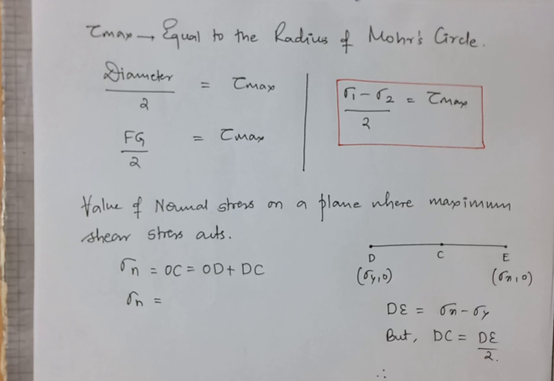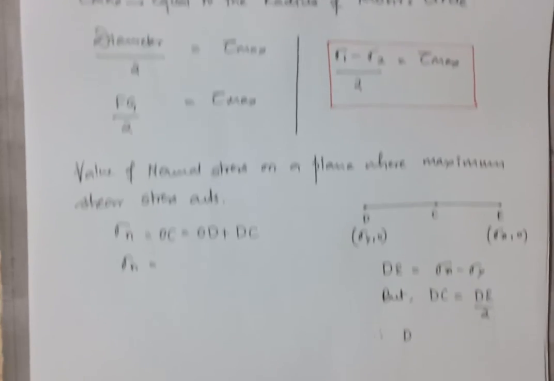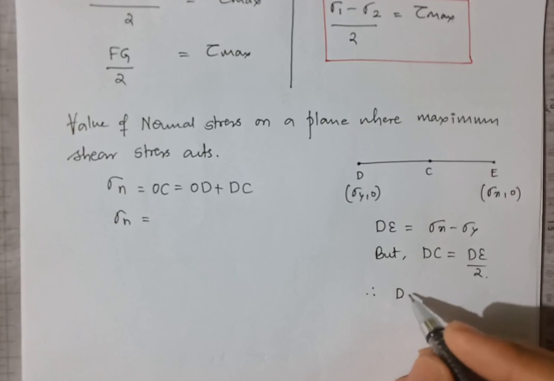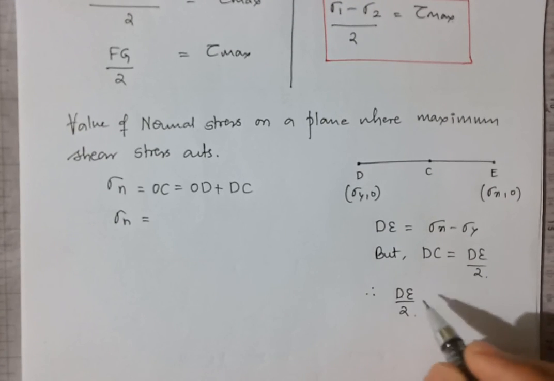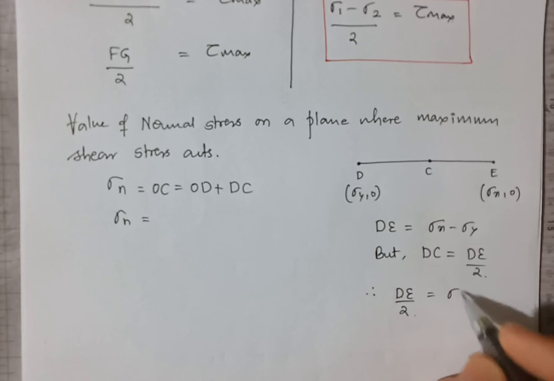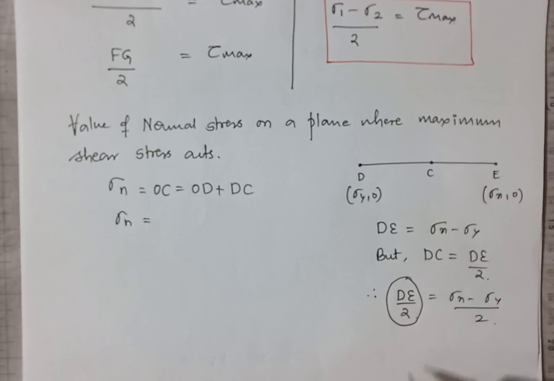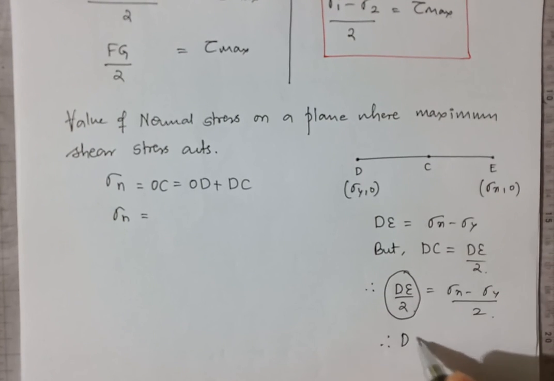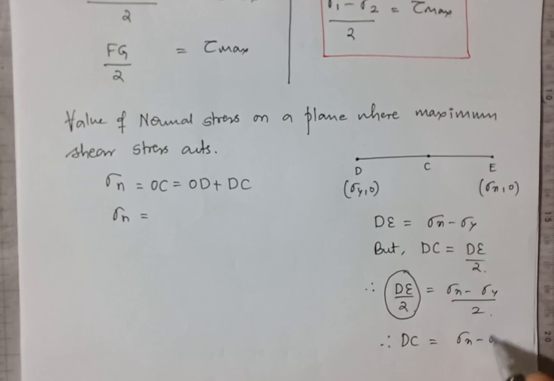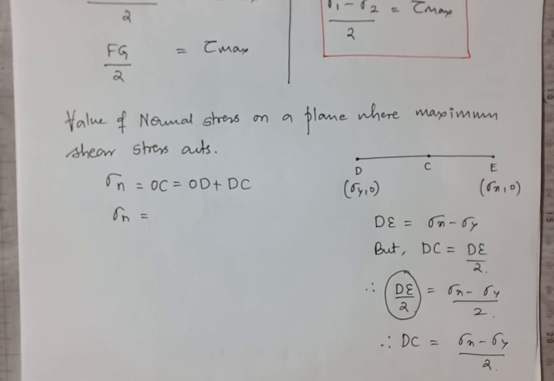Therefore I'll be dividing by 2 on both sides. So DE divided by 2 is equal to sigma x minus sigma y divided by 2. What is this term DE divided by 2? It is nothing but DC. So therefore DC is equal to sigma x minus sigma y divided by 2.